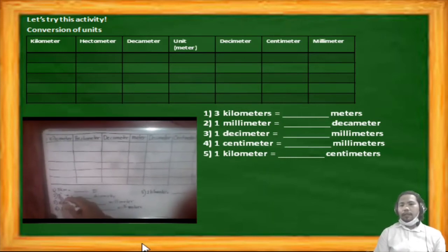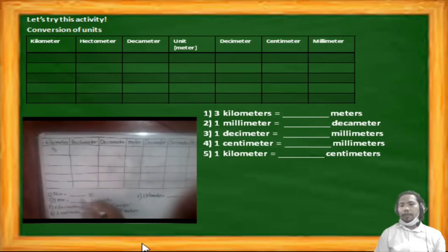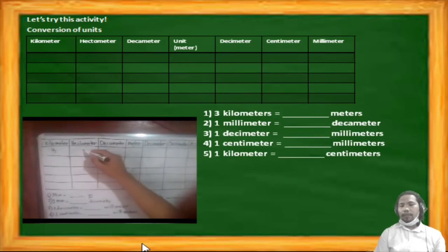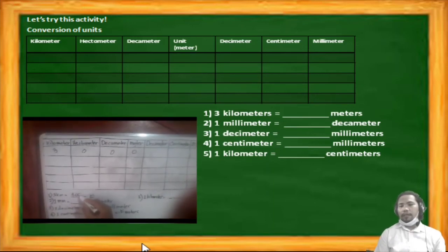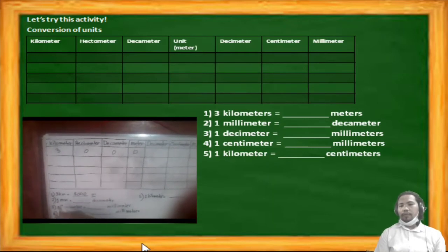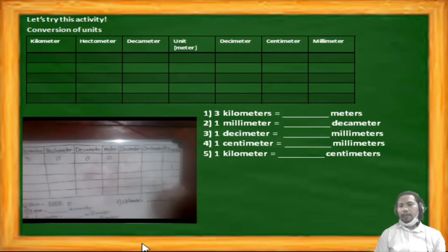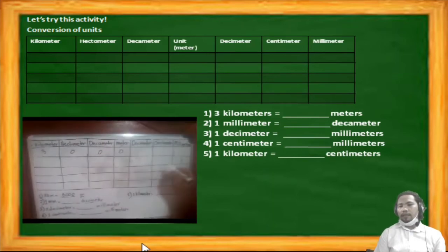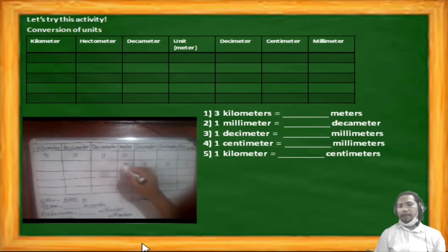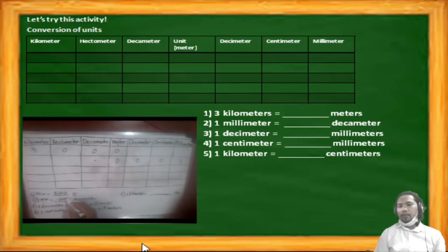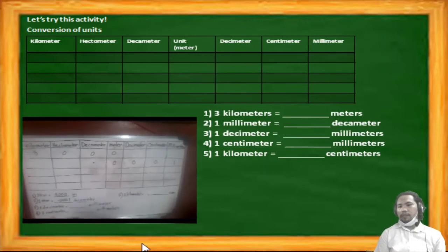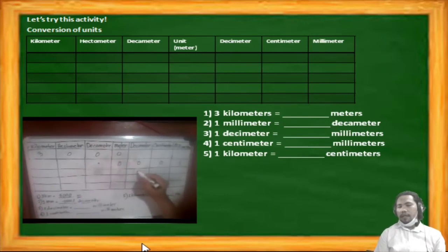Let us have more examples. Number 1, 3 kilometers is equal to how many meters? So put 3 on the given unit, which is kilometers, and then add zeros going to your right until your goal is reached. Number 2, put 1 on the given unit, which is millimeter, and then add zeros on the boxes going to your left, and when your goal is reached, put a decimal point. Number 3, put 1 on the given unit, which is decimeter, then add zeros on the boxes going to your right until your goal is reached.